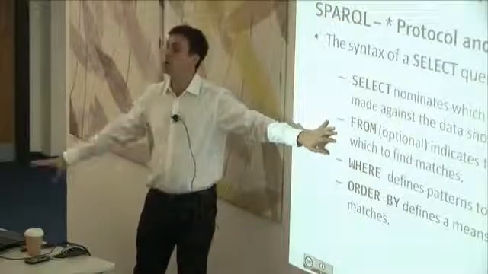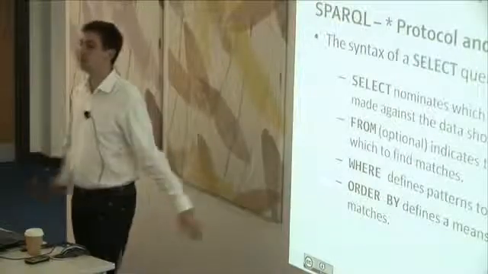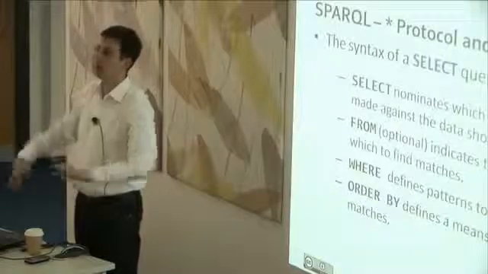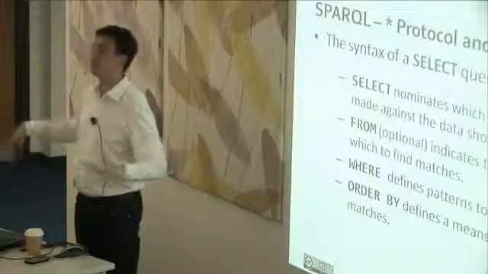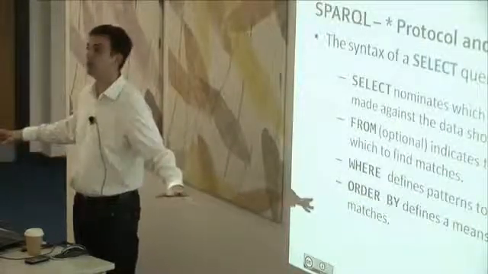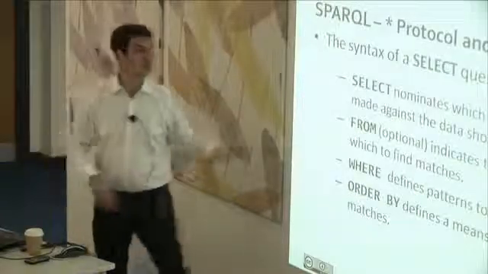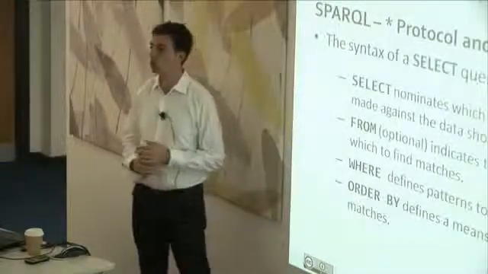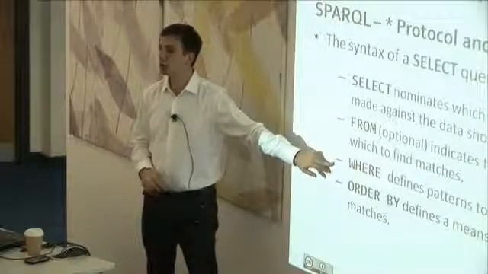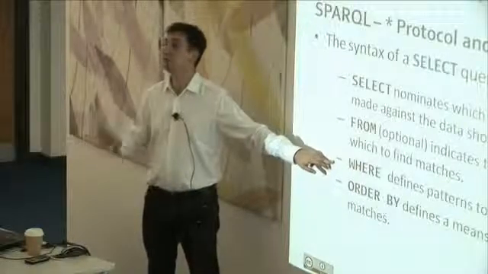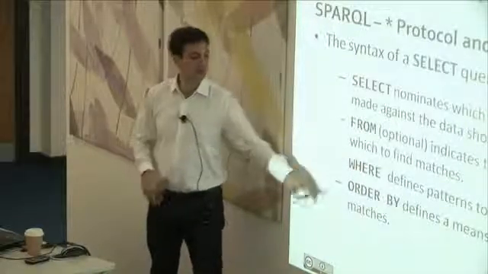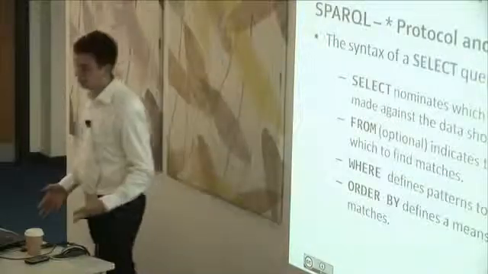In SPARQL, you don't have to, because the default thing to do is to put all of the graphs that you get from different documents together in one big graph and query across the whole thing. So we have an optional FROM clause. We have a WHERE clause, which in SPARQL is where the graph pattern goes. And then finally, you have modifiers like, for instance, ORDER BY, just like in SQL.